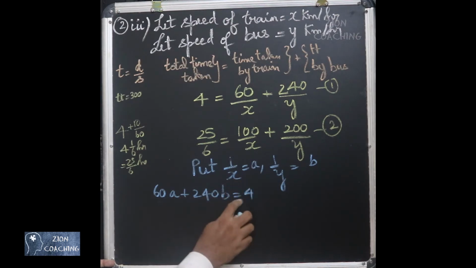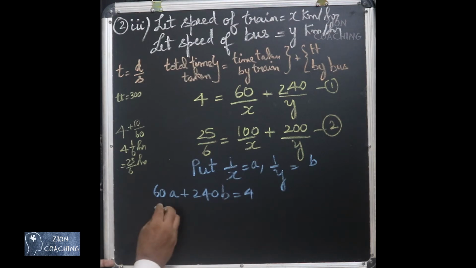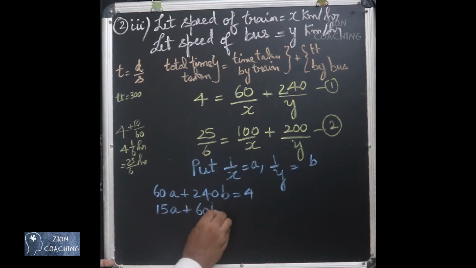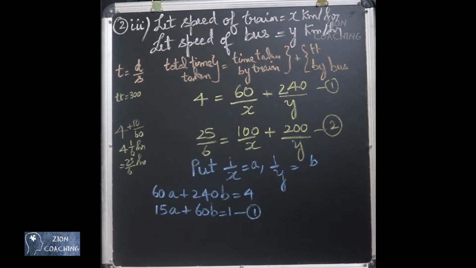Now both are divisible by 4. Throughout we are going to divide by 4. So we will get, 15 4s are 60, so 15a plus 60b equal to 1. We have just simplified into the general form. We have reduced it into a linear equation in 2 variables.